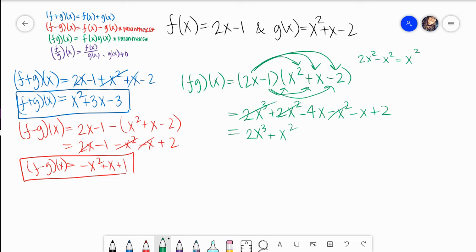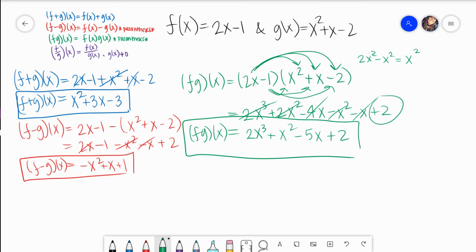Sorry for that mistake. And then here we have a negative 4x and a negative x. Those signs are the same, so you add them together, keep the sign, keep the variable, keep the exponent. Then we just have this little positive 2 right here. So the product of our functions is 2x cubed plus x squared minus 5x plus 2.